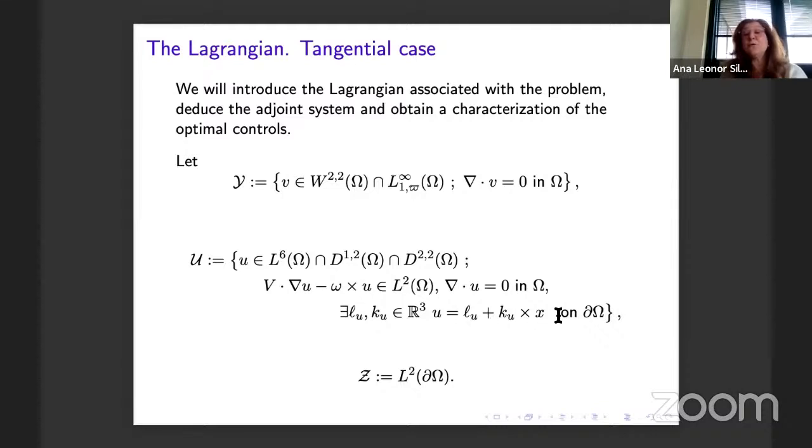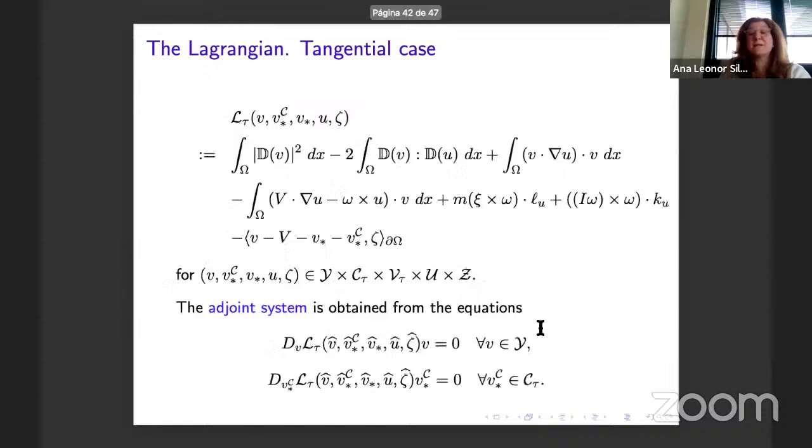And also we are going to say that on the boundary of the fluid domain and of our rigid body, these functions U are going to be generic rigid motions, generic rigid body motions velocities, okay? So the Lagrangian that we obtain in the tangential case takes this form, okay?